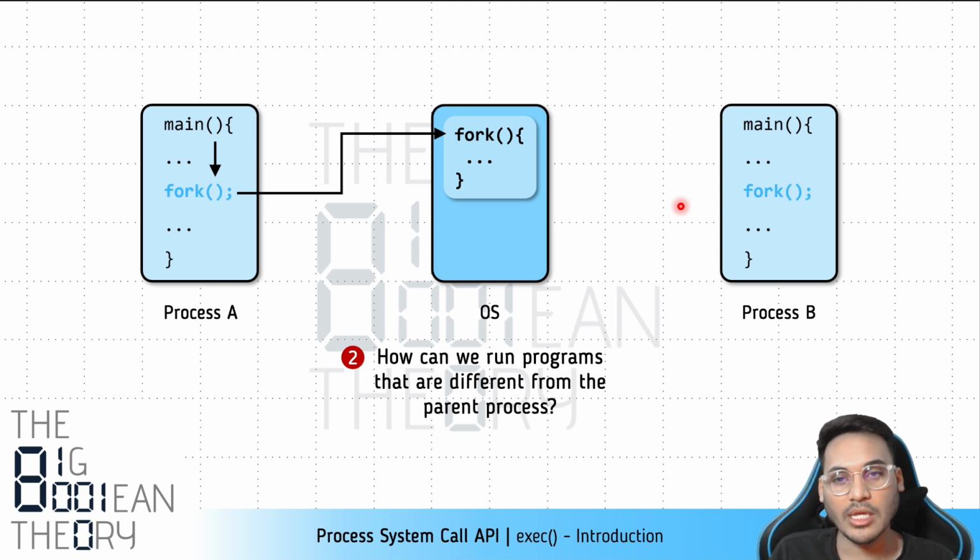In the Unix operating system, fork and exec are used together in order to launch new processes and new programs. This is where the exec system call is helpful. Having studied why we need the exec system call, let us now see how it works.